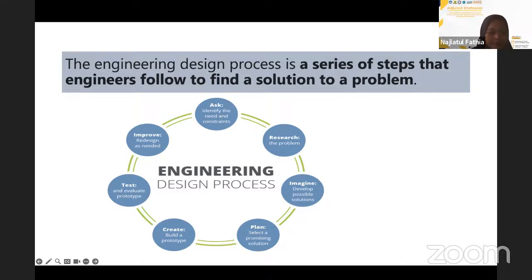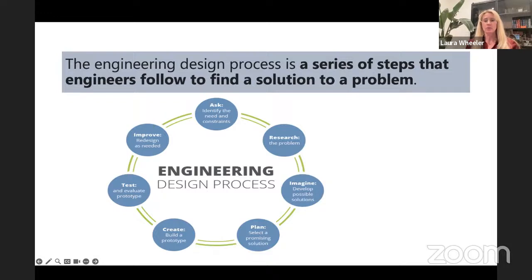Next. So last time we met, we discussed the engineering design process, and we compared and contrasted that with scientific inquiry and methodologies that would be used in science. Today, we're going to focus more on the engineering design process. Specifically, we'll be looking at the ask, which is the first stage where we identify needs and constraints.